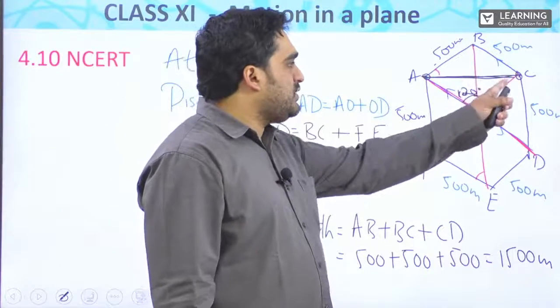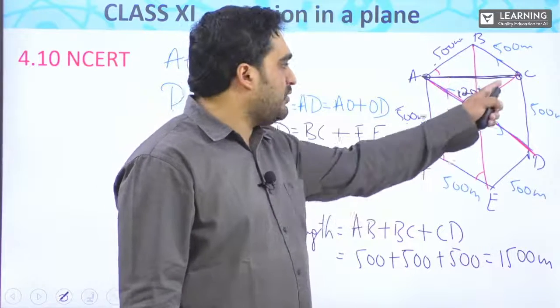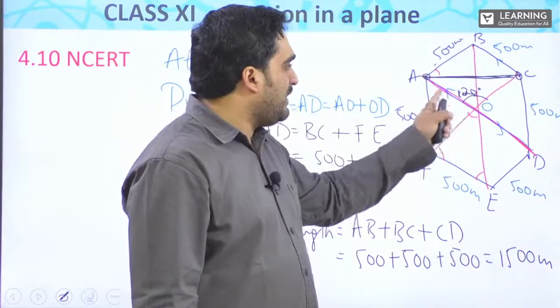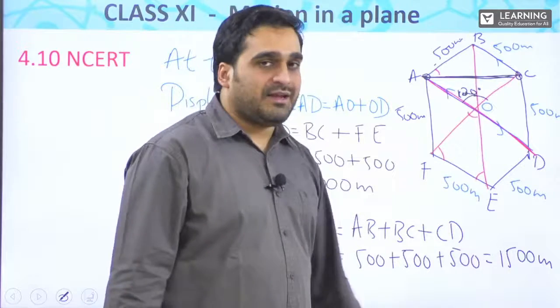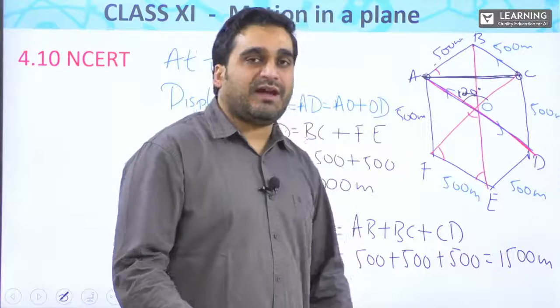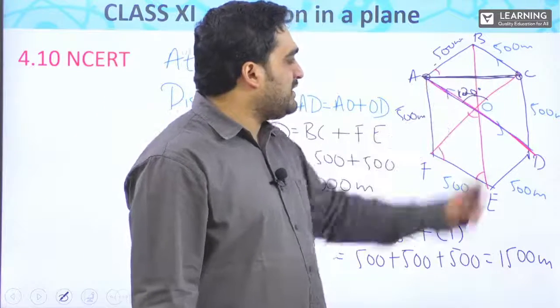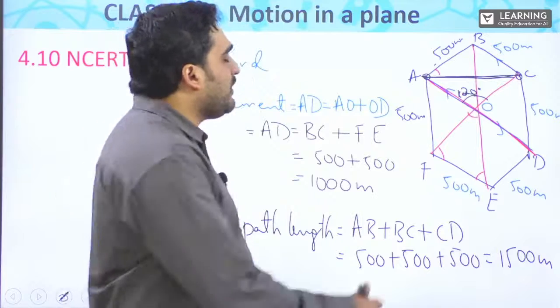These two sides are of the same length, okay, because the triangles you obtain have equal length. OA and OC length are equal. Since OA and OC length are equal, you have an isosceles triangle. So you have angles at A and C which are the same.